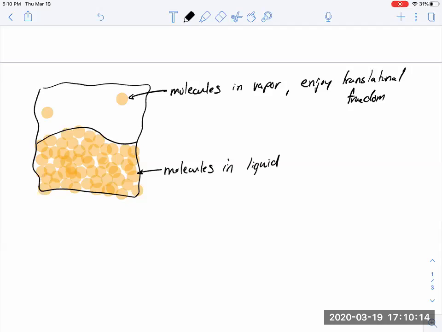They run into other molecules if they try to do that. So then why is the liquid stable? A liquid is stable because those molecules interact really strongly and attractively. A molecule in this liquid, because it's surrounded by other molecules, enjoys favorable attractions. There's a lower energy associated with those molecules because of those attractions.